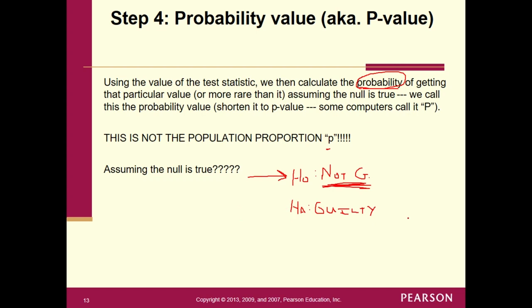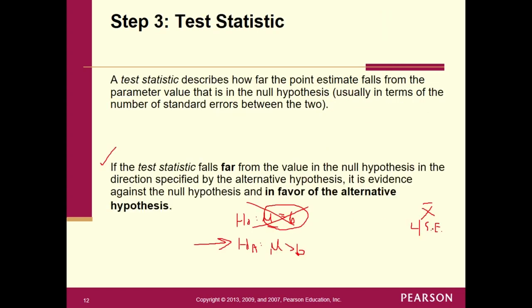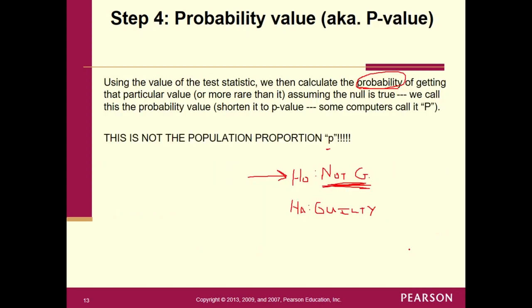And what's the evidence again? Remember, going back to this idea, our random sample produced something that was really far away from the null hypothesis. So all of us have an idea about this, assuming the null is true. Now let's take this out of a murder trial and put it in terms of statistics.